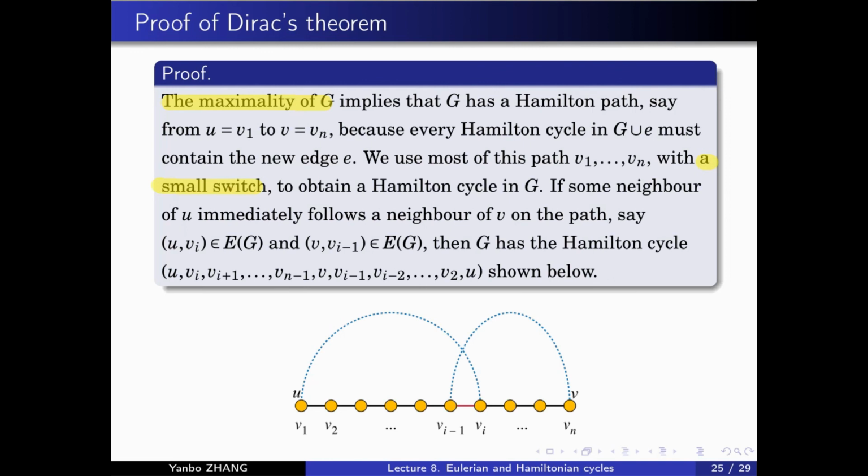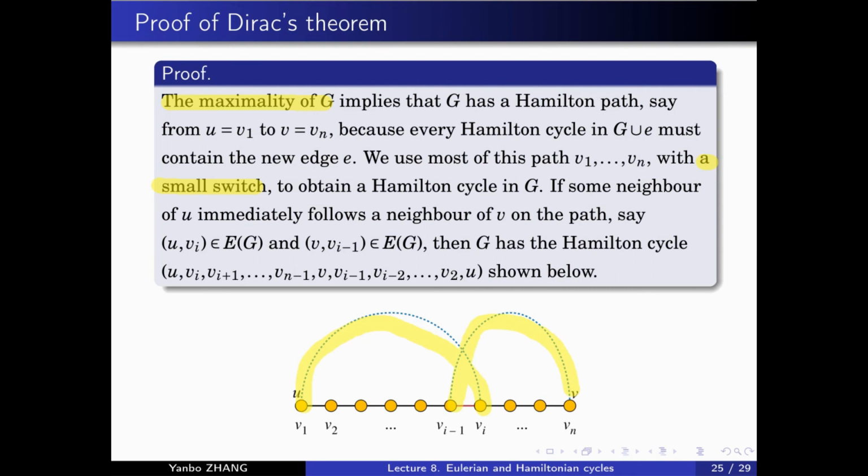If some neighbor of u immediately follows a neighbor of v on the path, like in this graph, u is adjacent to vi and v is adjacent to vi minus 1. In this way, we can find a Hamilton cycle.